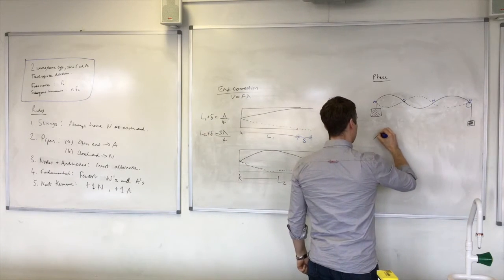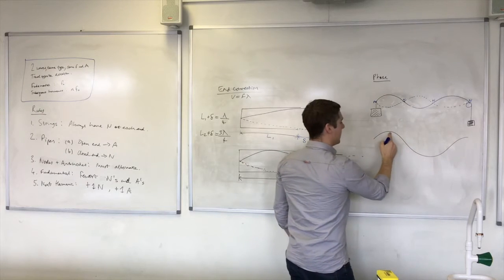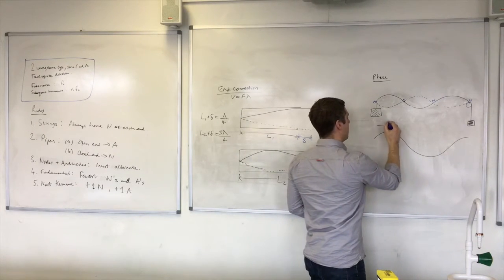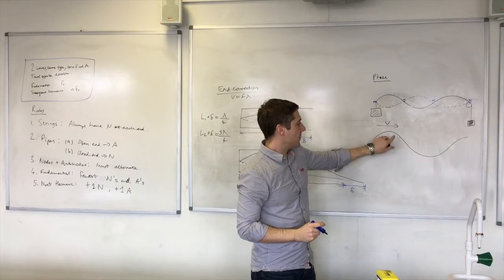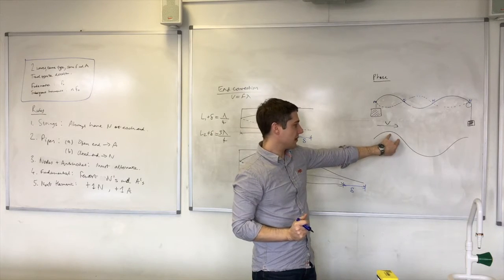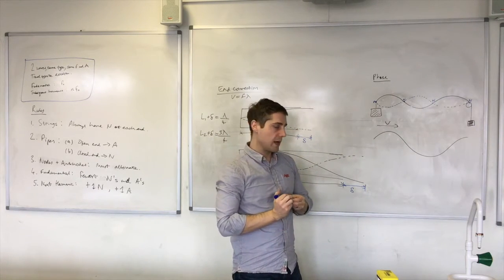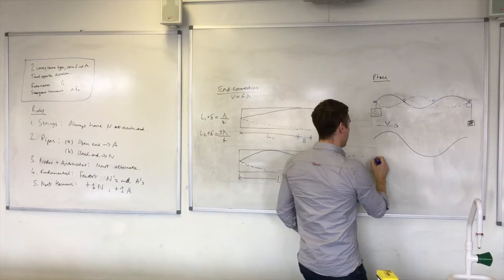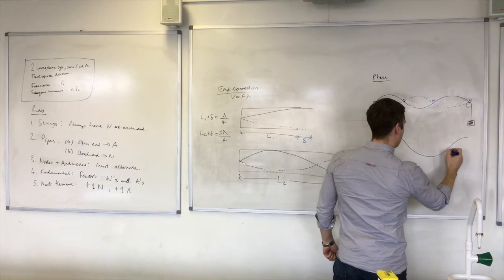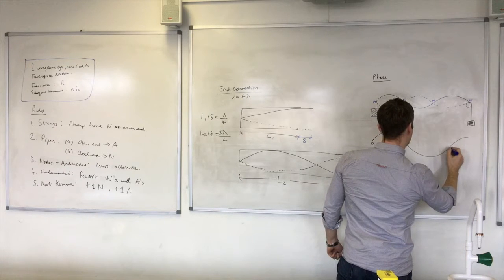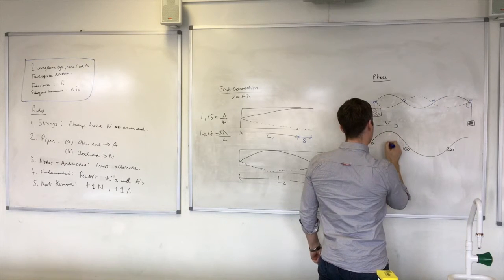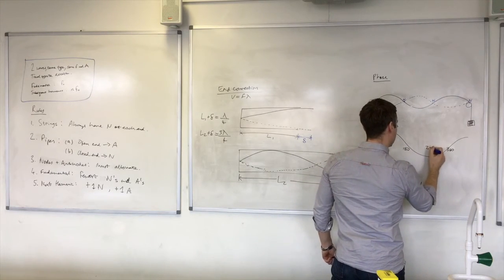If I just make it clear, because this peak is moving to the right, these two adjacent points here are out of phase with each other by a certain fraction of the wave cycle. So if this is 0, this would be 360, this would be 180, 90, 270.